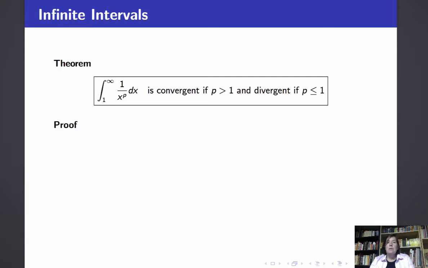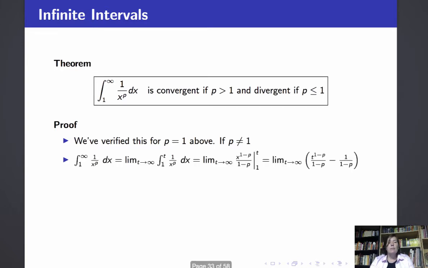Even if we keep the general p there, we just have to calculate the integral according to our definition. So if we want to calculate the integral from 1 to infinity of 1 over x to the p, then we're looking at the limit as t approaches infinity of the integral from 1 to t of 1 over x to the p.